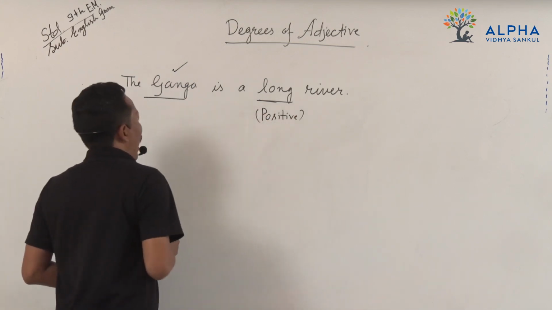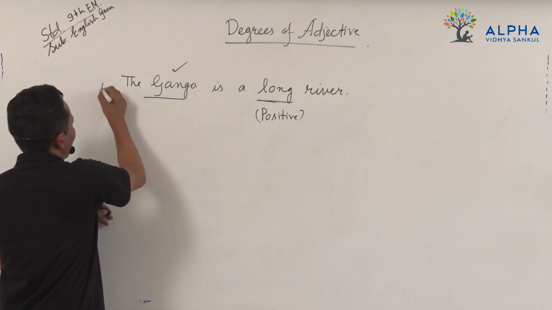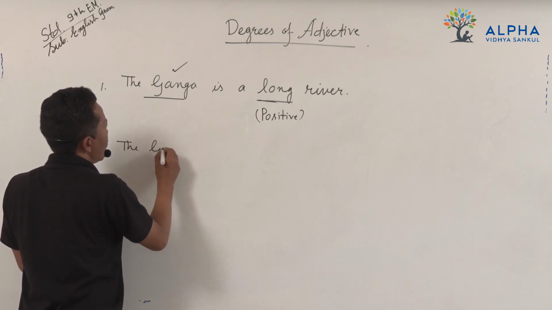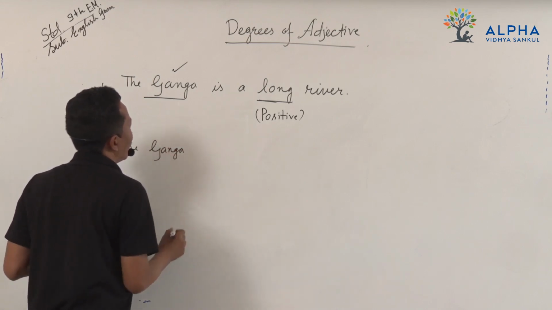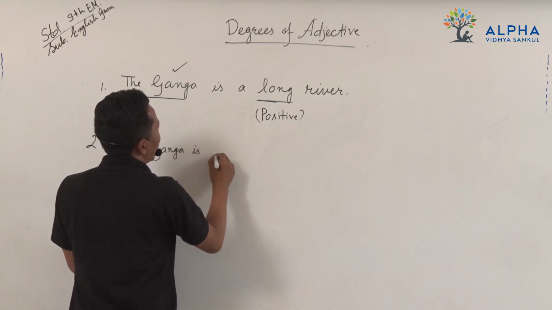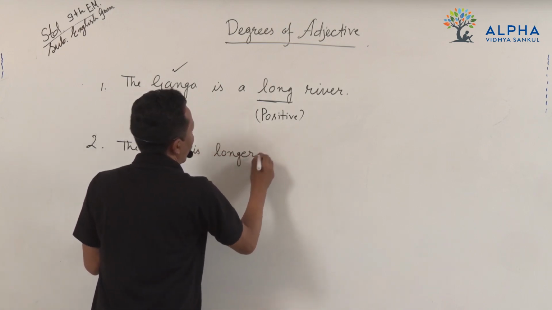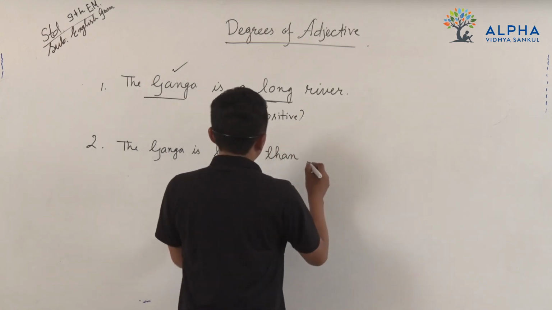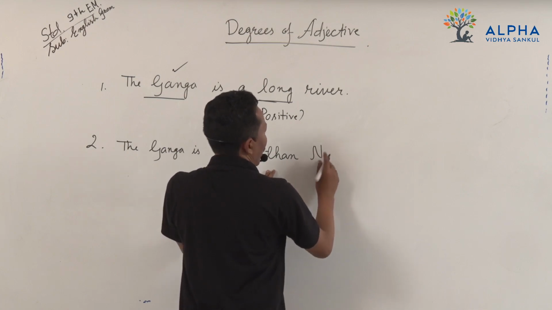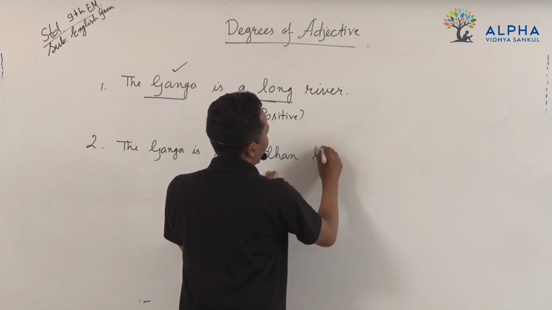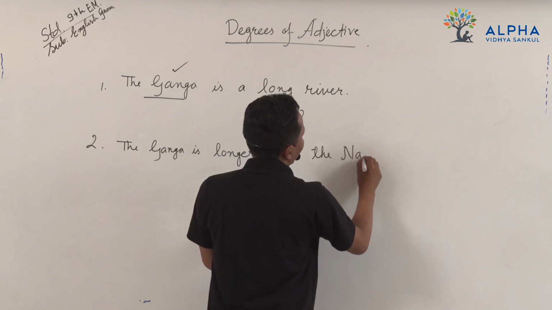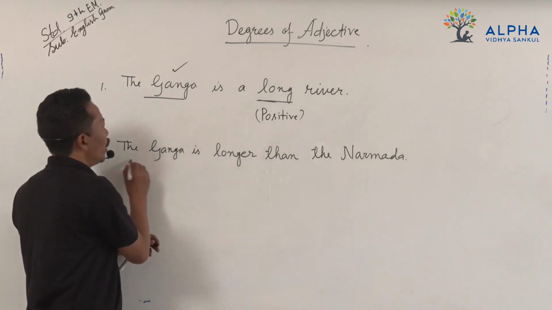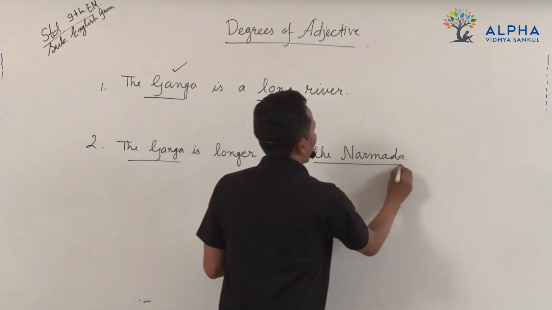Okay. And if we say the Ganga is longer than the Narmada. Now we find here two rivers, the Ganga and the Narmada.